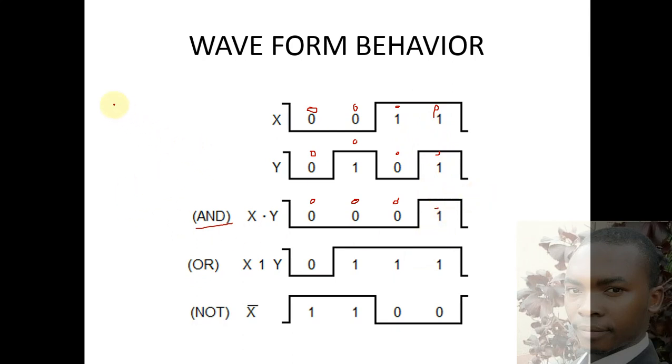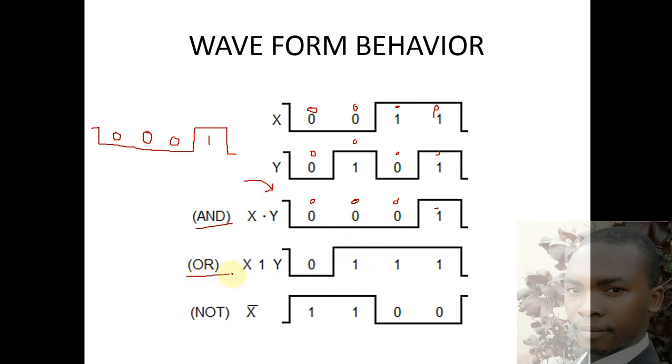It becomes true. So if you want to draw it, this is a 0, this is a 0, this is a 0, and then this is a 1. So we said when you come from up and then you reach 0s, you go down up to when you meet a 1 and then you continue. So this is how it comes up like that.